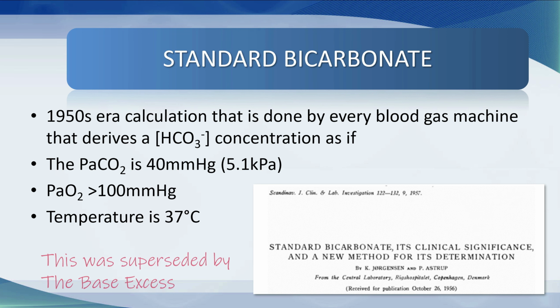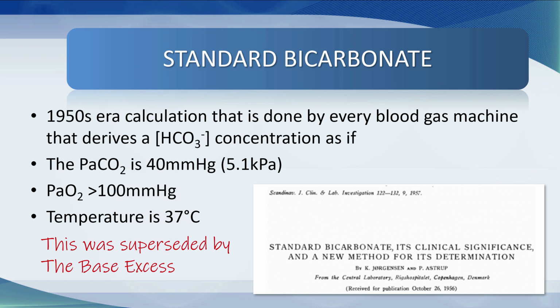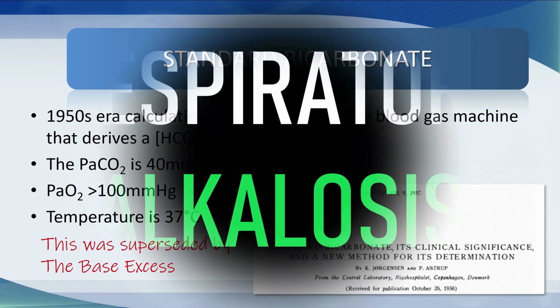Now, this was superseded by the base excess, but some clinicians use this as a way of determining whether the patient has acute and chronic respiratory failure, and we may visit this in a later stage in the course.